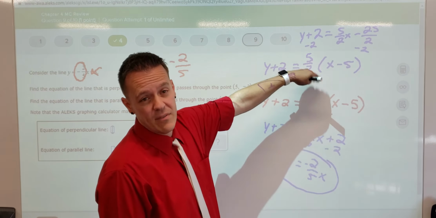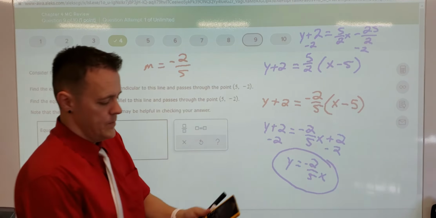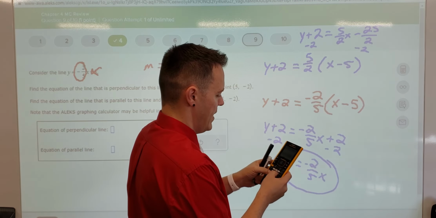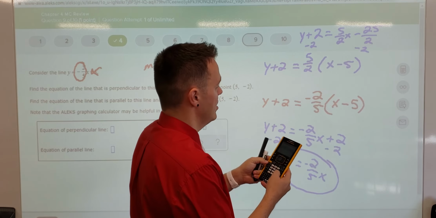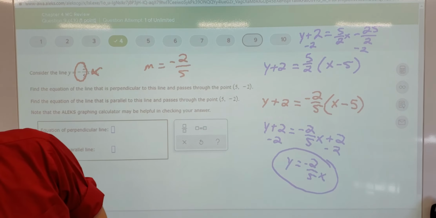That one up there, I'd have to use a calculator. If I put negative 25 divided by 2 in there, and then I put minus 2, it would come up with negative 29 over 2.